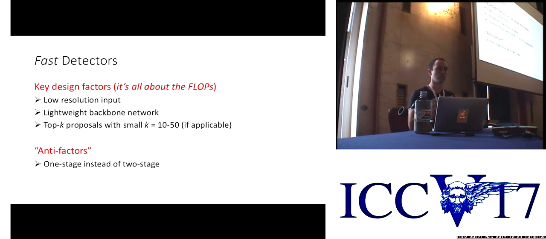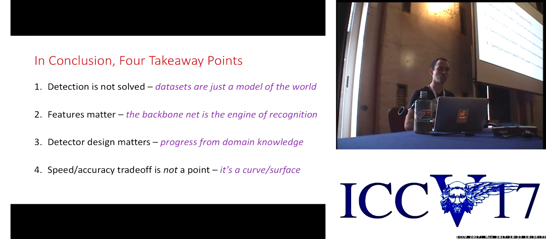If it's a 2-stage proposal-based system, using a small number of proposals, say 10 to 50, which is often enough to get 90–95% of the total possible AP out of the system. And then there's an anti-factor, which is this coarse-grained description of 1-stage versus 2-stage, which really is not the underlying thing that's determining whether the system's fast or not. It's more about these other factors above.